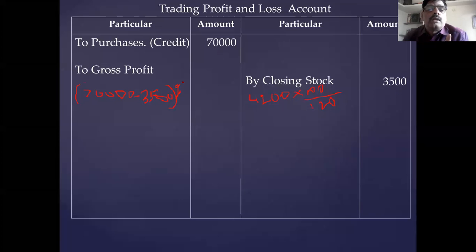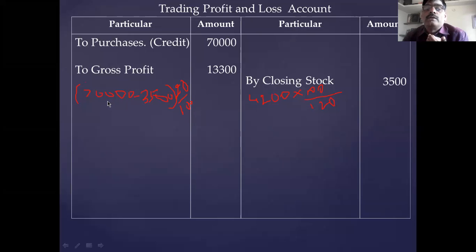Into 20 by 100, you calculate. 70,000 minus 3,500 means 66,500. 66,500 into 20% is 13,300. 13,300 is the gross profit.